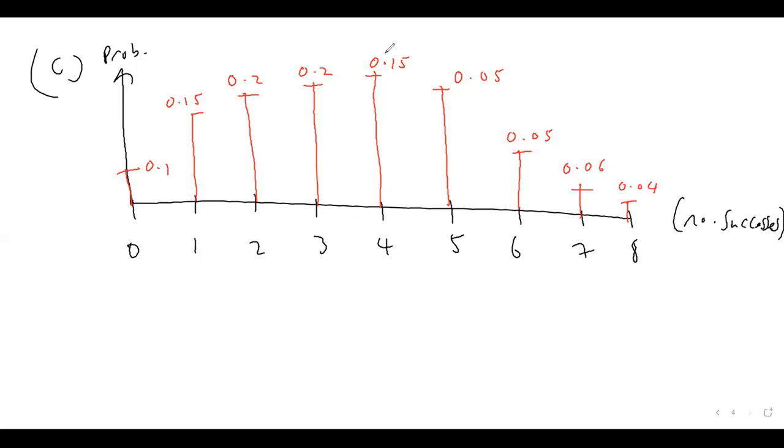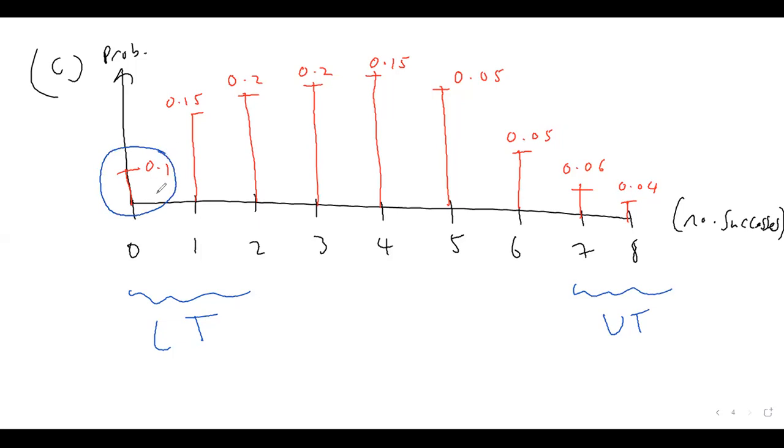Now, let's say you're doing a hypothesis test with this data. So you've got your upper tail of your significance level, which I'll call UT for upper tail, and your lower tail somewhere down here. Now, if you're doing a 5% hypothesis test, it's impossible to do that exactly, because you've got a 10% chance of getting 0 successes.